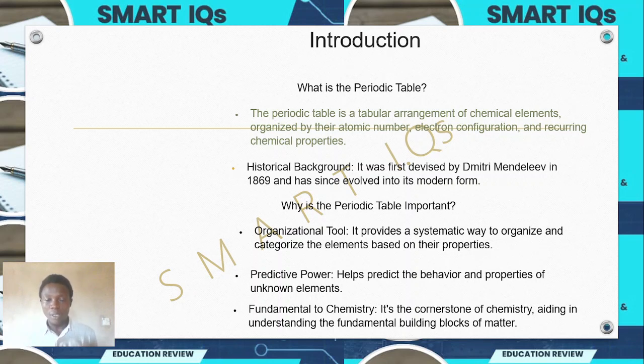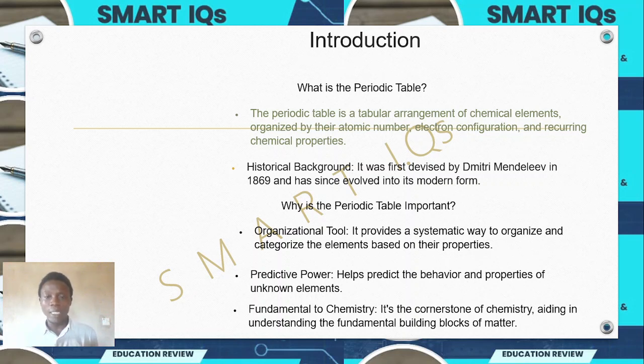Are we together? So it serves as an organizational tool where the elements are arranged and organized based on their chemical properties. It also helps us to predict the behaviors and properties of unknown elements, the yet to be discovered elements.